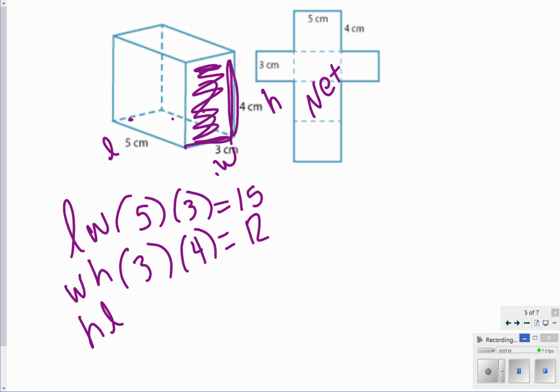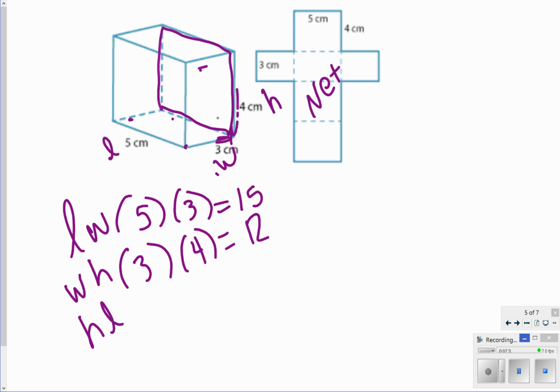Okay? Excellent. All right, now let's go back and find the last one, which is our height times our length. Our height times our length would be this back section back here.